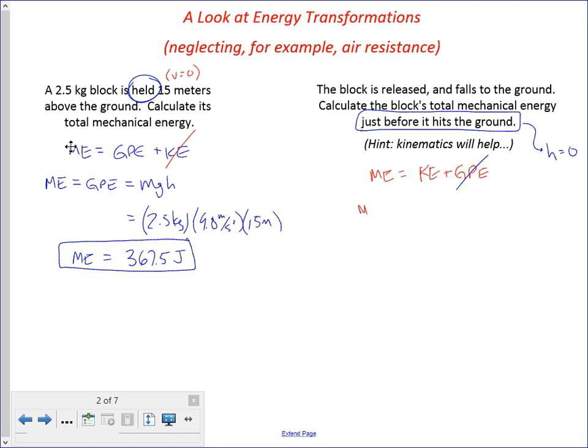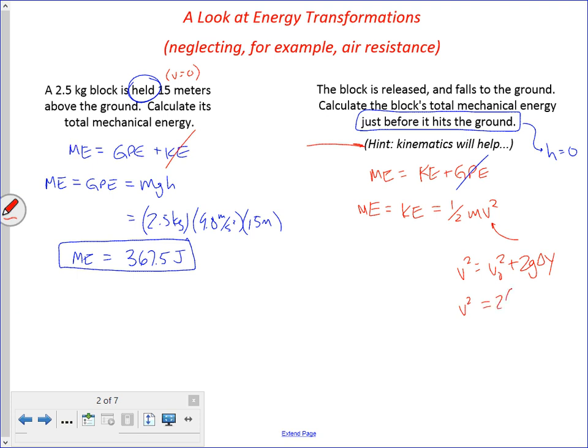Well, the mechanical energy now is kinetic energy, which is 1/2 mv squared. But the question is, how fast is it going? So here's where we need the kinematics. Luckily, there's an equation that says v squared is v naught squared plus 2g delta y. And notice we want v squared, which is good.